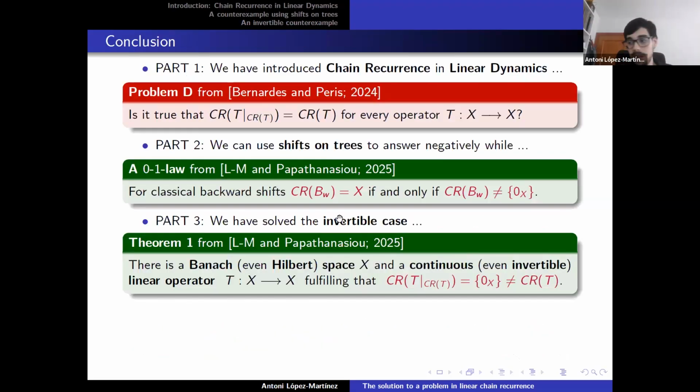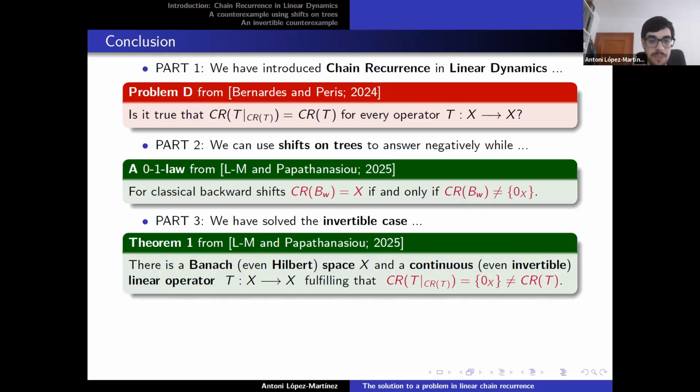So this is everything I wanted to explain. And let me just conclude by recalling what we have seen. In part one, I introduced chain recurrence in linear dynamics, and I posed the problem that we have solved. Then in part two, we have seen that using shifts on trees, you can answer the problem, but for classical shifts you cannot do it, because you will have every vector being chain recurrent whenever you have one vector that is chain recurrent.